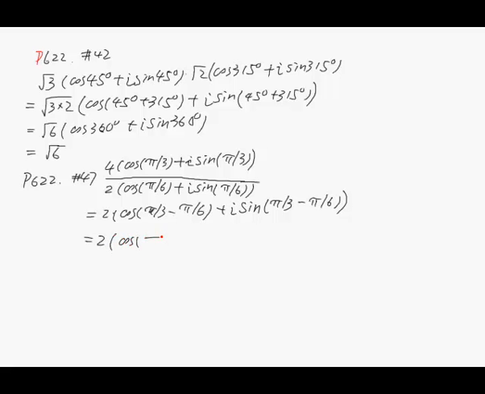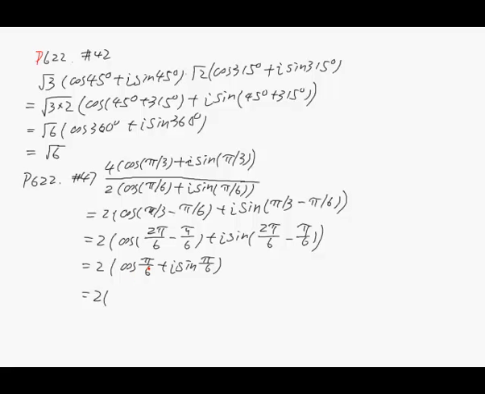Pi over 3 is the same as 2 pi over 6, right? And then minus pi over 6. Finally, you have 2 times cosine of pi over 6 plus i times sine of pi over 6. We need to get the result in the form a plus bi, so let's evaluate this cosine and sine.